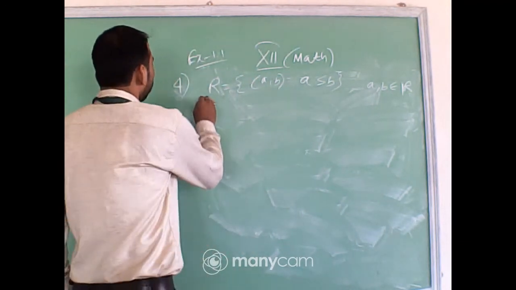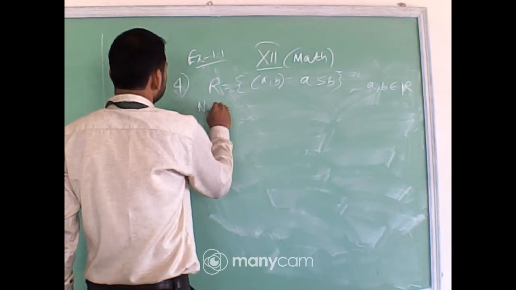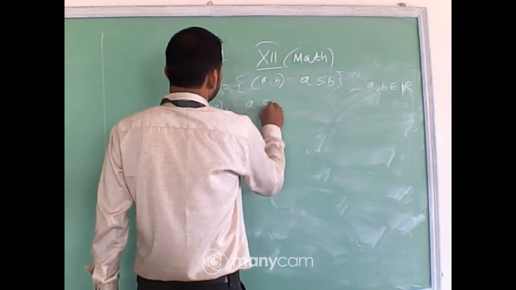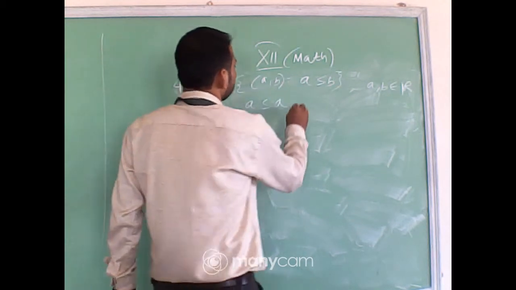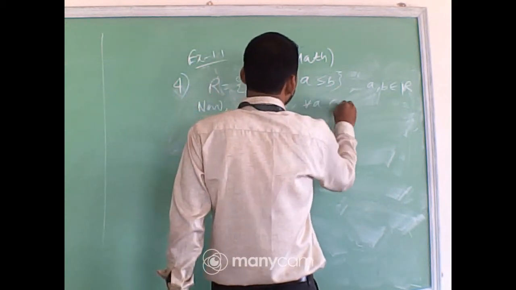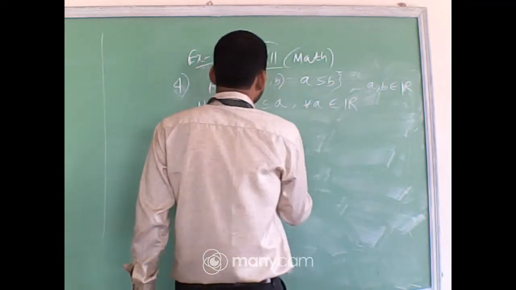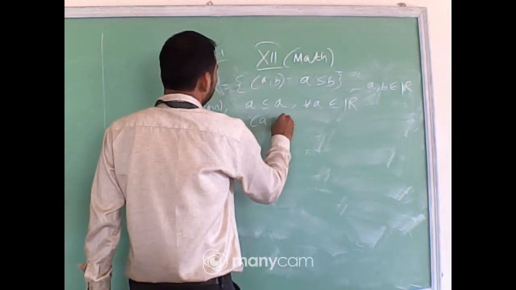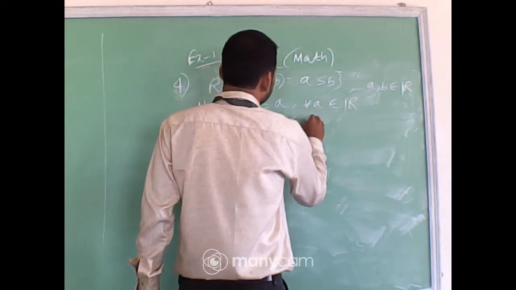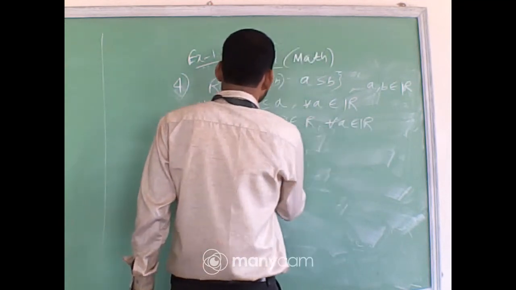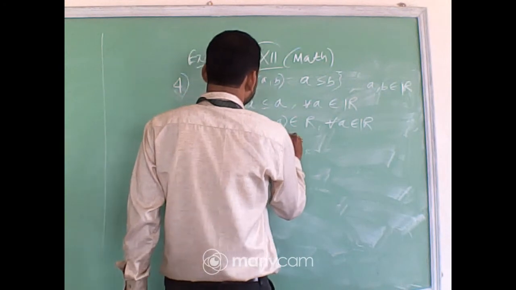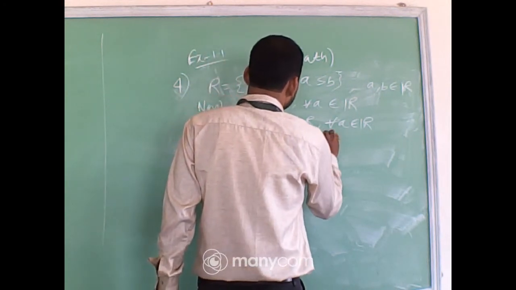So, clearly a = a for all a belonging to the set of all real numbers. Therefore, the ordered pair (a, a) belongs to R for all a. Therefore, R is reflexive.